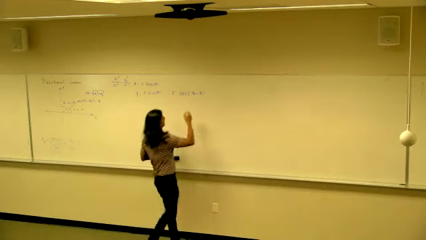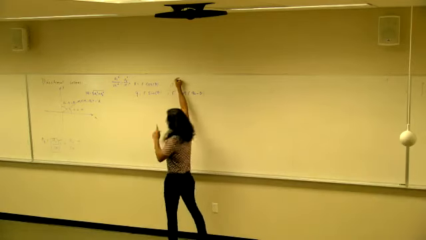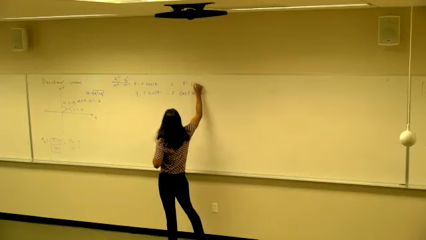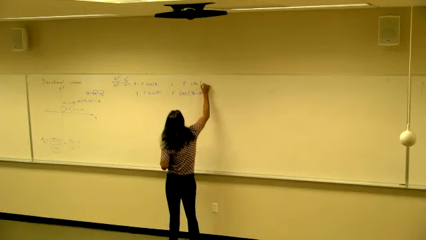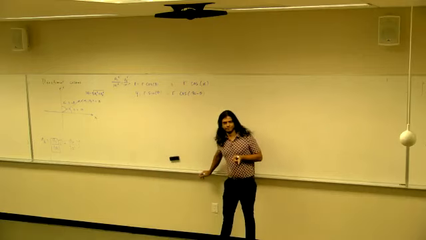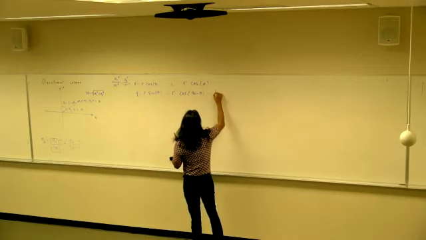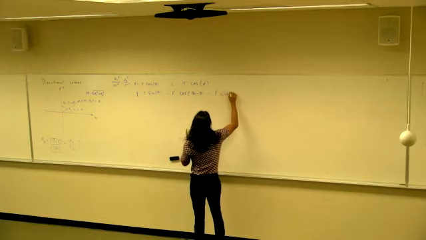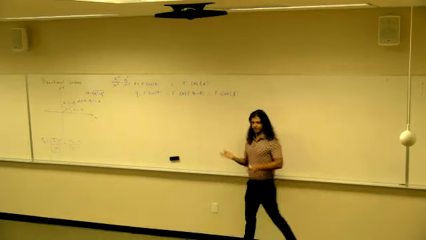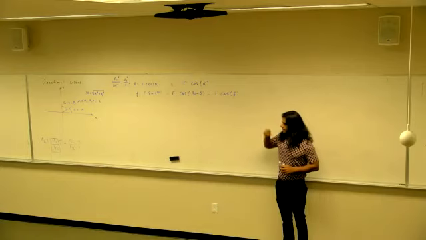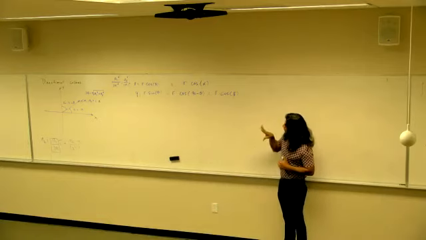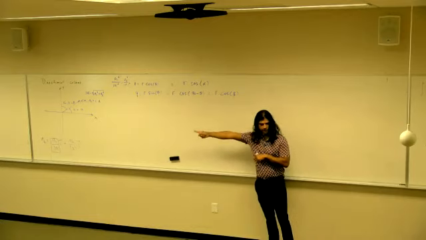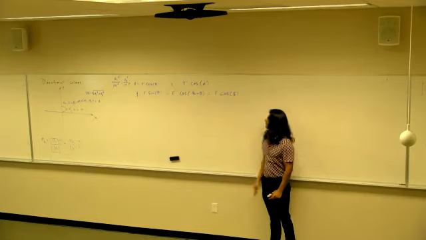I can rewrite it as r cosine alpha, and r cosine of beta, agreed.